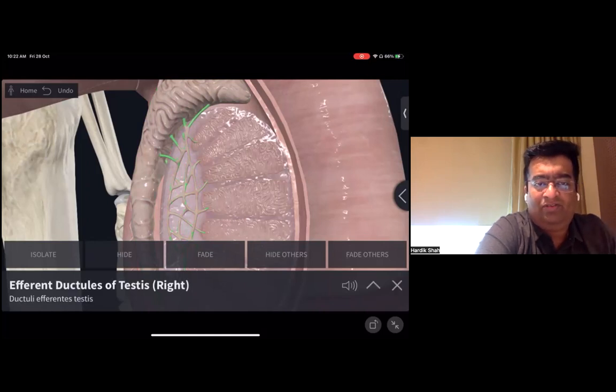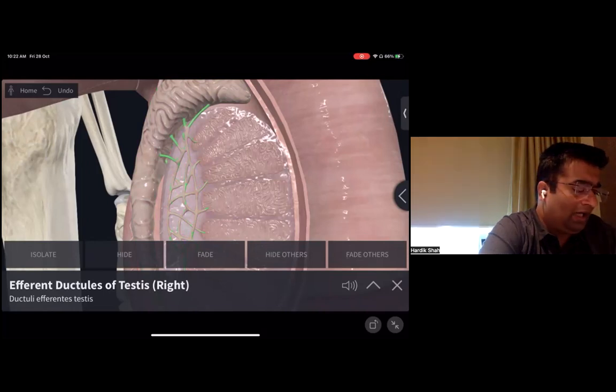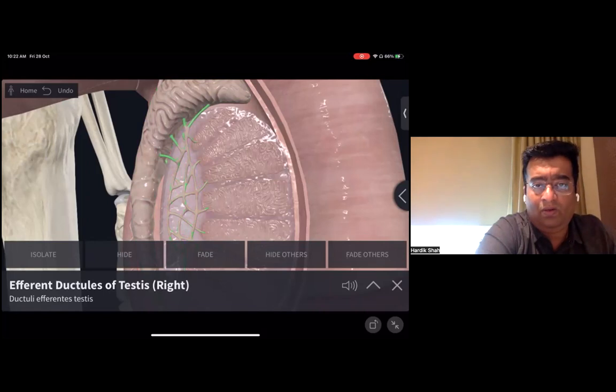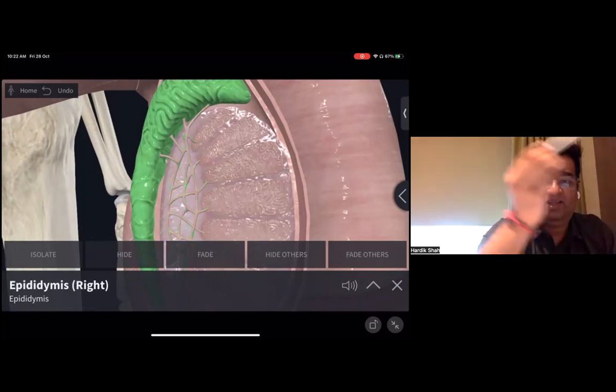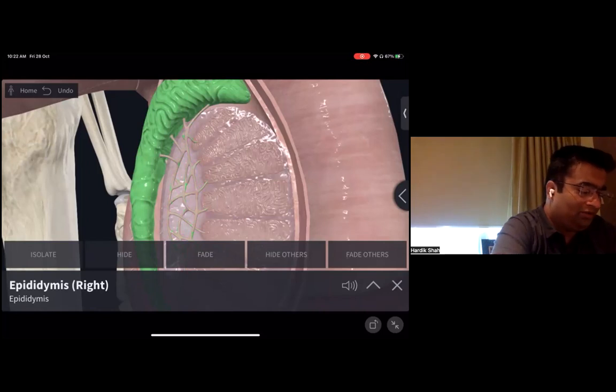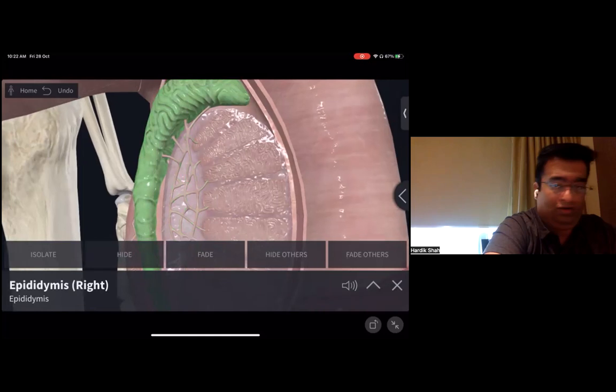There will be about 10 to 15 efferent ducts that will open into a highly coiled and very long duct called the epididymis. Epi means above, didymus means testis. This is a somewhat C-shaped structure, roughly about 6 meters long.